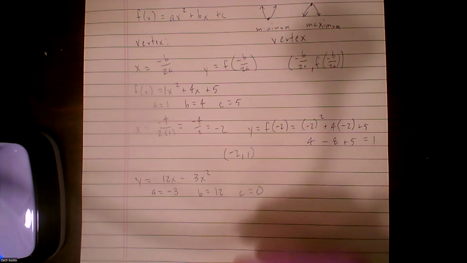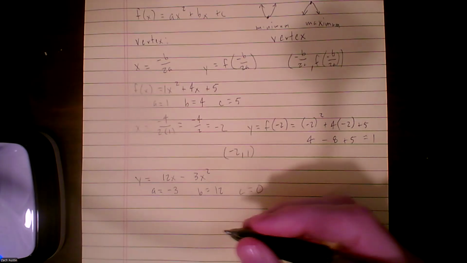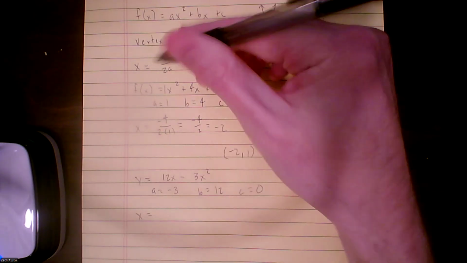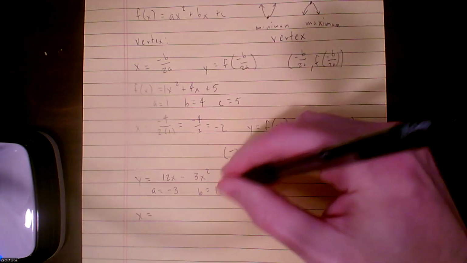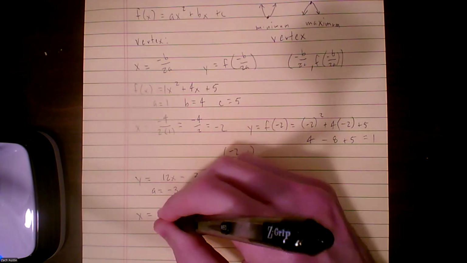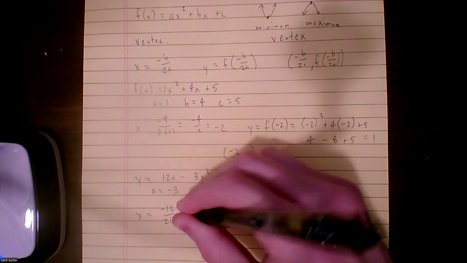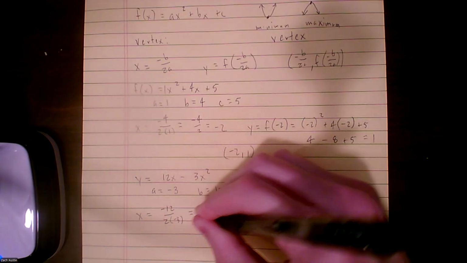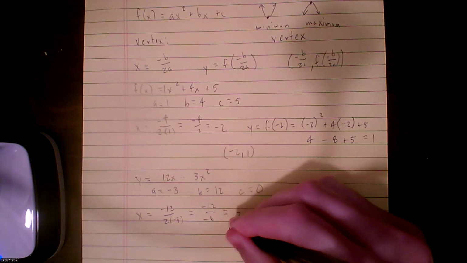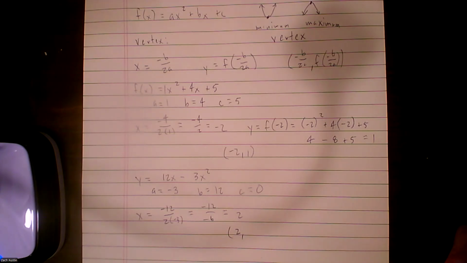Okay, so again, if we want to calculate this by hand, we're going to plug into our formula here. So we want the opposite of b over 2 times a. So the opposite of 12 is negative 12 over 2 times a, which is negative 3. That gives us negative 12 over negative 6, which is positive 2. And again, that is the x value of my vertex.